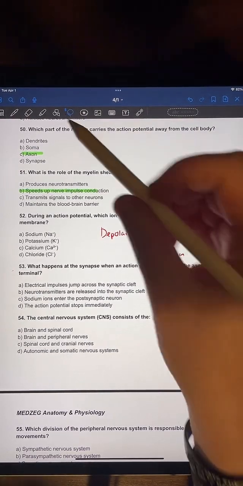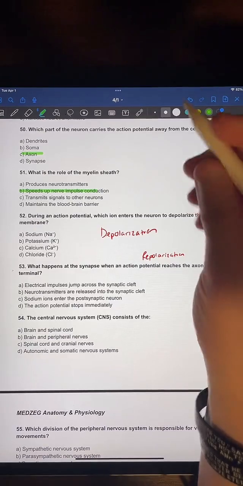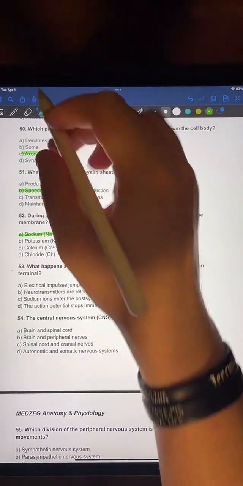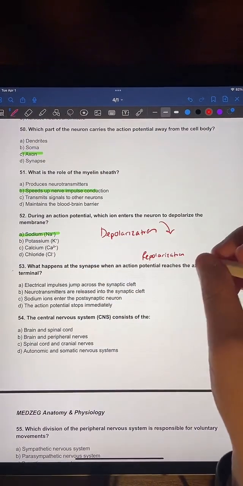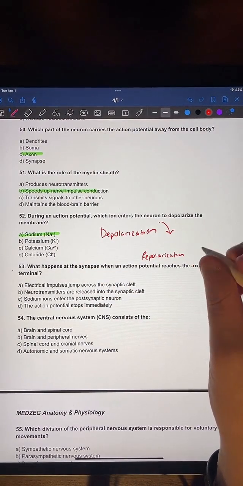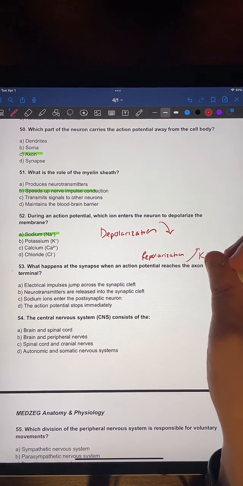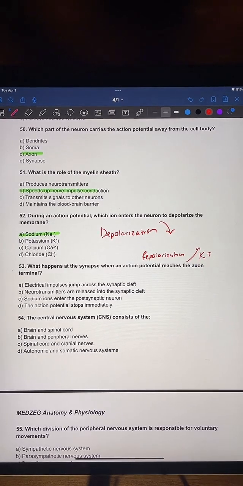Depolarization comes first, and then repolarization comes after. The answer choice here is A, sodium. So during depolarization, we have sodium entering. And then repolarization, this is where potassium leaves the cell. So it exits the neuron. Yes, it is sodium into, potassium out.